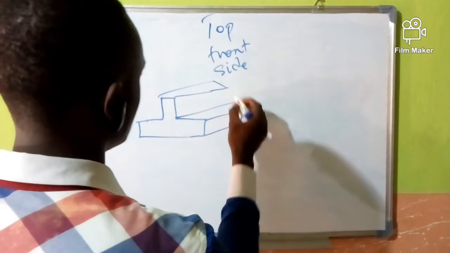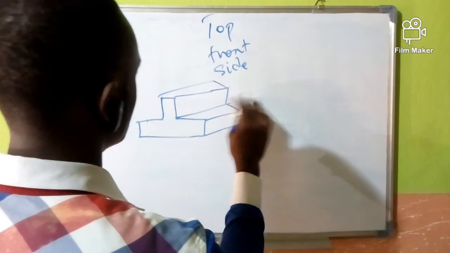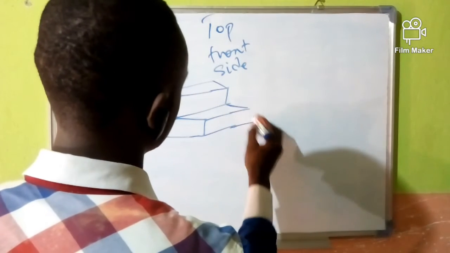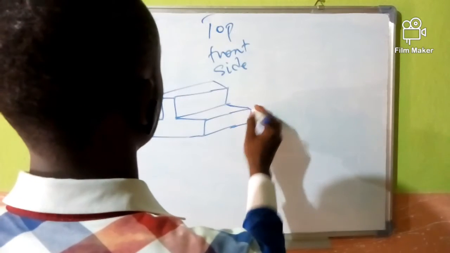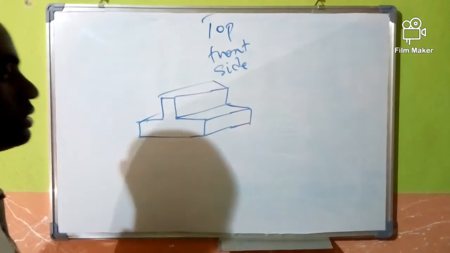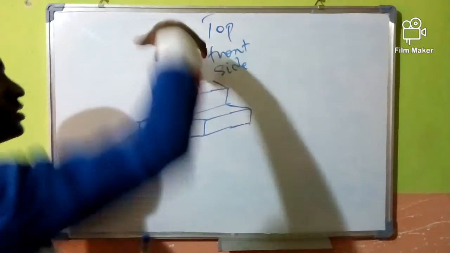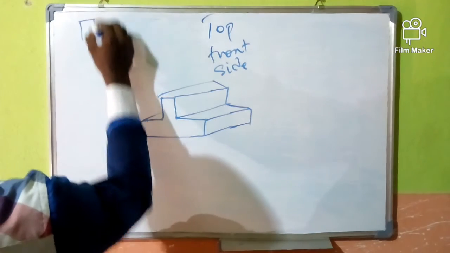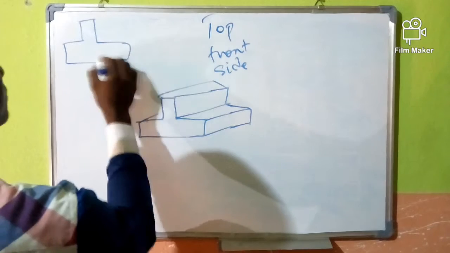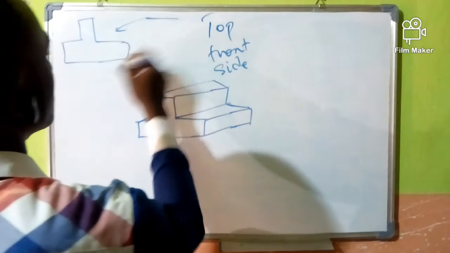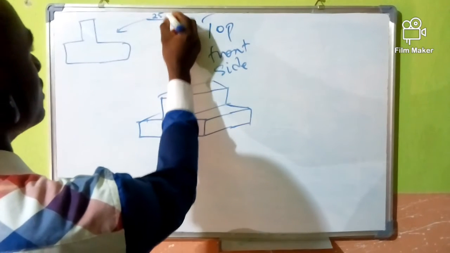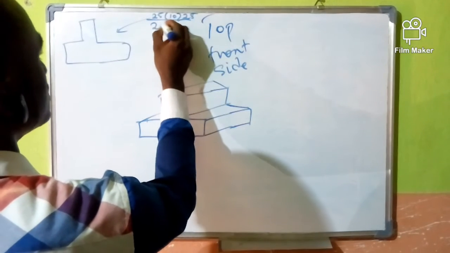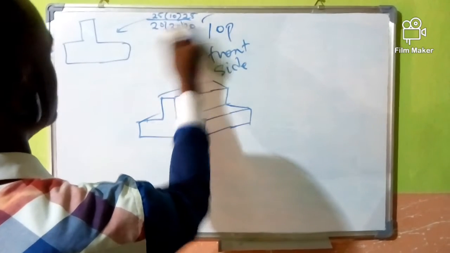Okay, then this. So this is what we were having in our last video. So we thought of having this part. Then we got it drawn as this, where we have 25, then 10, then 25, then we have 20, 20, 20.